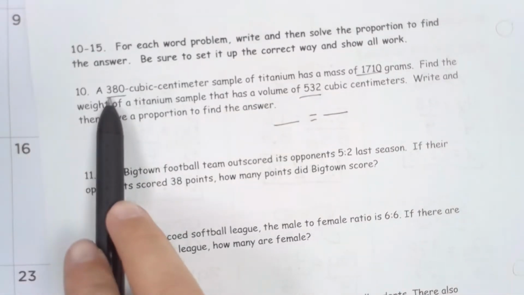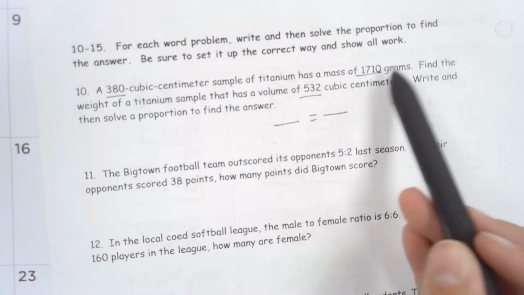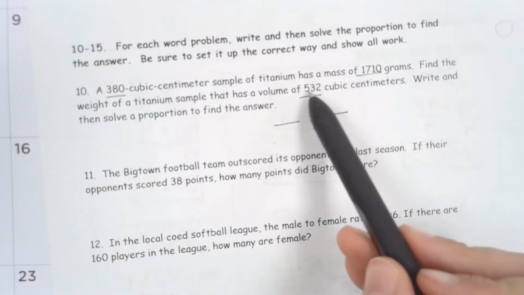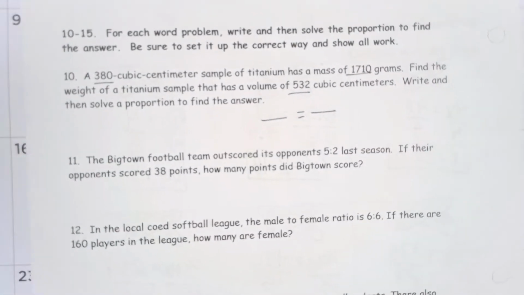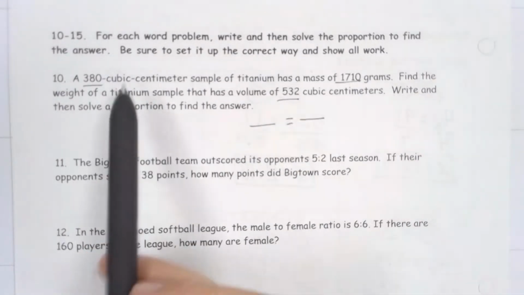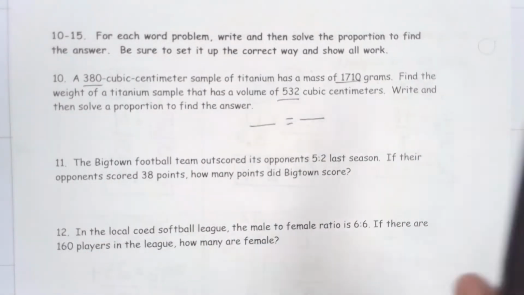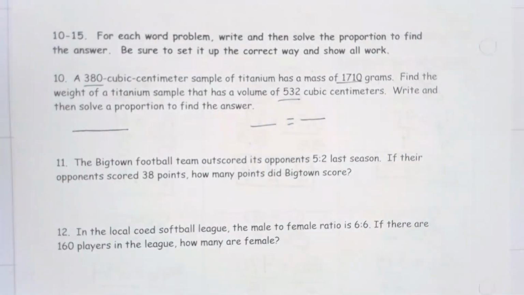So this 380 was talking about cubic centimeters, this 1,710 was talking about grams, and this 532 was also talking about cubic centimeters. So if you guys can see, the only 2 variables that we're talking about here are cubic centimeters and grams. It does not matter which one you put in the numerator and which one you put in the denominator.